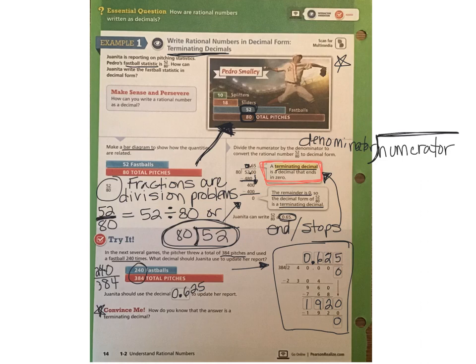Notice that we have a remainder of 0, and anytime that remainder is 0, then the decimal ends. In other words, it terminates. Now let's move on to example 2.